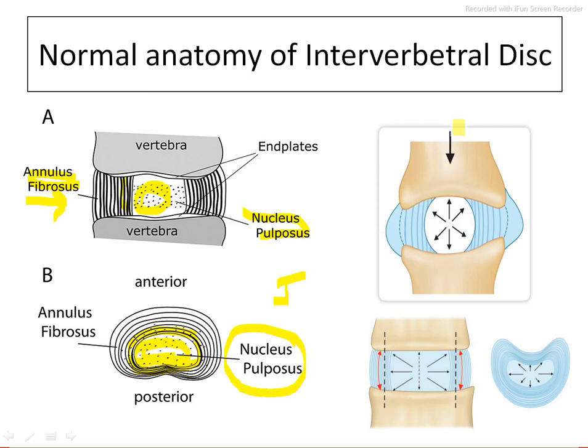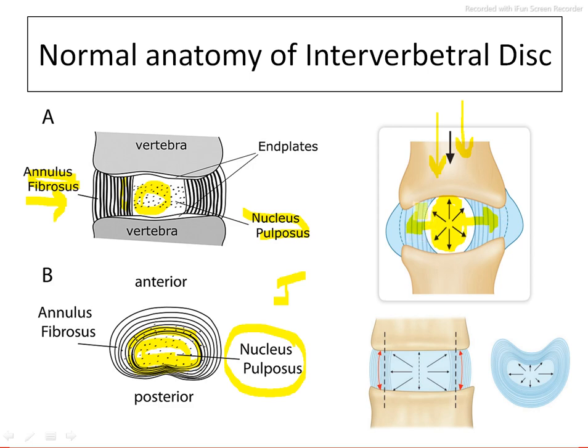Now you see, when there is an axial force or vertical loading force applied from above downward, the jelly-like consistency distributes the vertical force centrifugally, and because of this centrifugal distribution it transmits the force towards the annulus fibrosus.